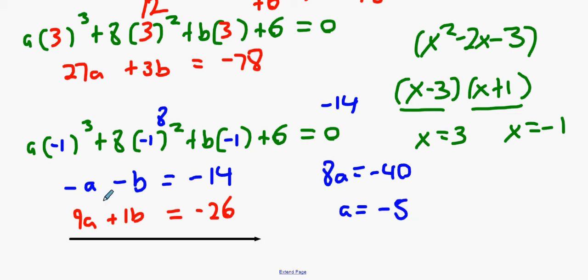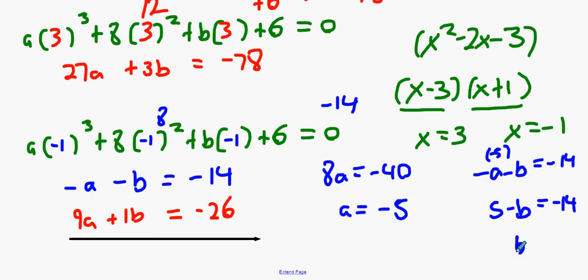And if a equals minus 5, what we can say then is that minus minus 5, 5 minus b is minus 14. This implies b is 19. So it's minus 5 and 19.